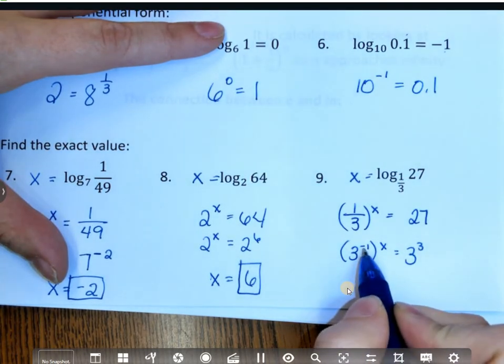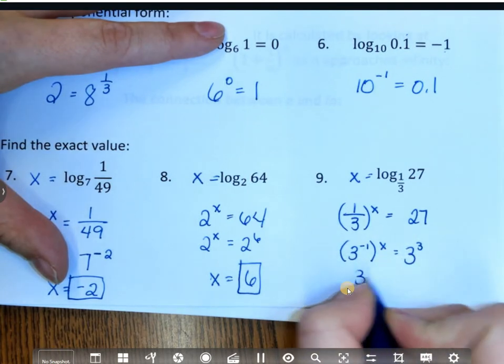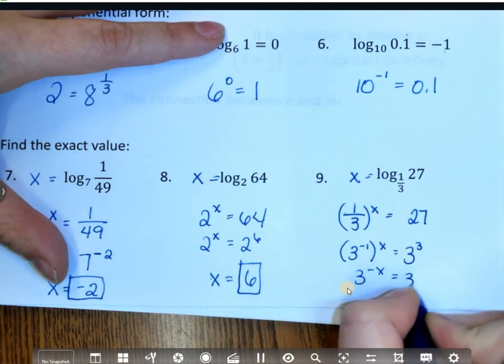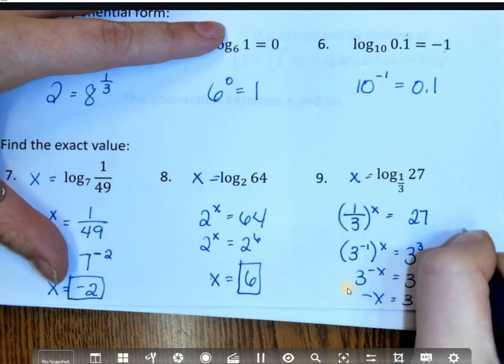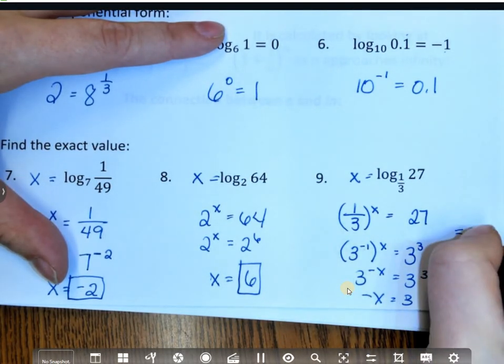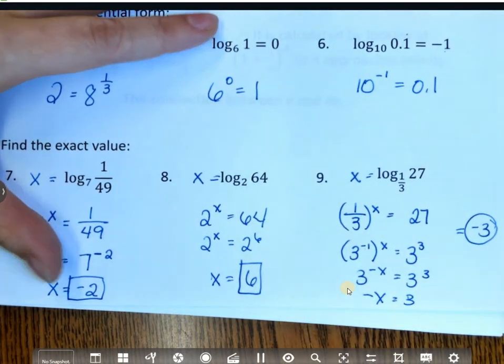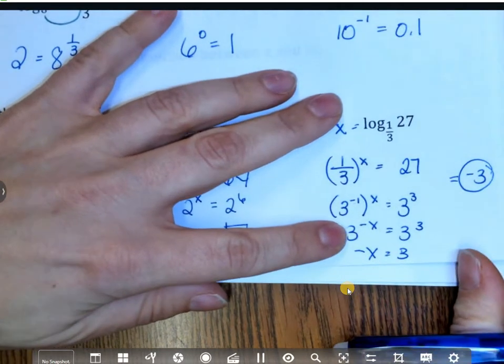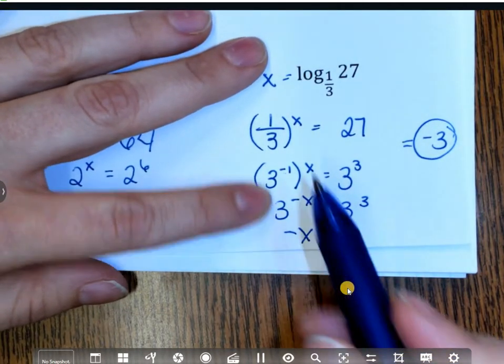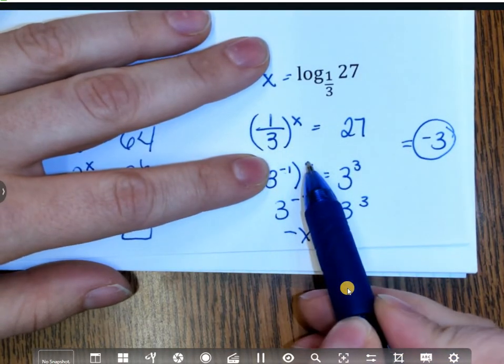And then what do I do with this number and this number? Multiply. So I have 3 to the negative x is 3 to the 3. So that means negative x is 3. What is my answer? Okay. So what we've got here is I multiplied these two together.